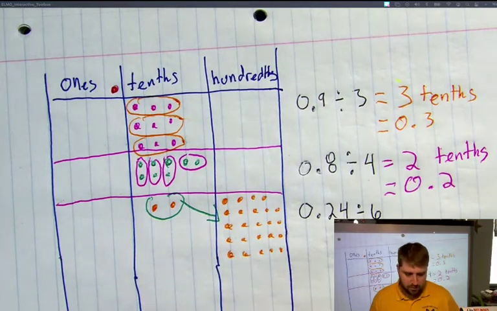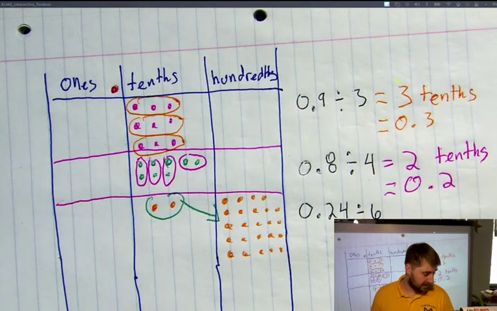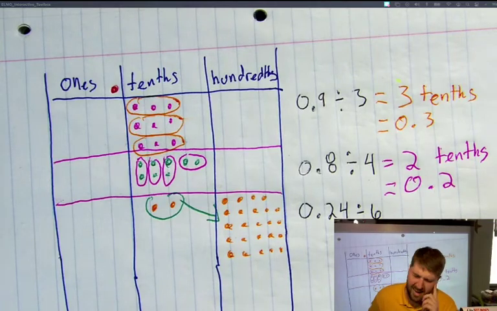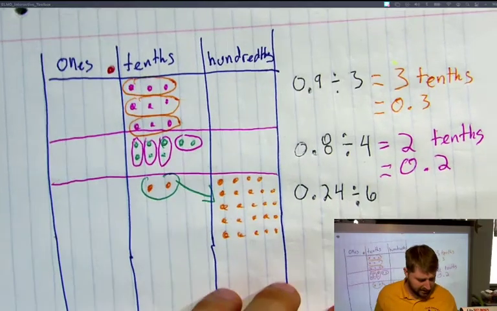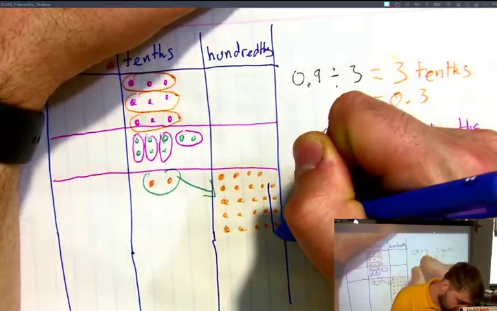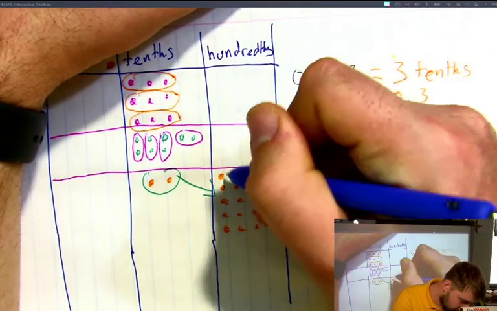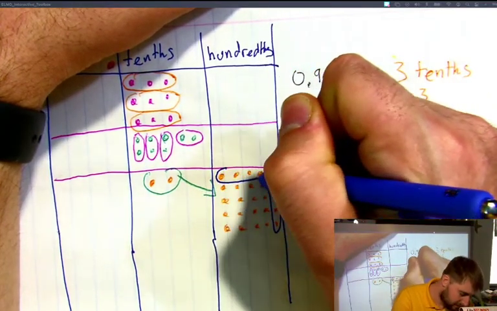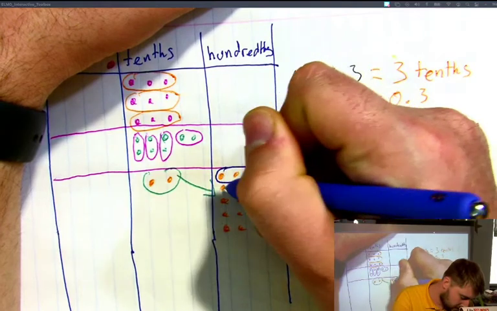Now we need to divide those 24 into 6 equal groups. As you think about how many would go into each group, it might help you to think, okay, 24 divided by 6 is what? I need 6 groups. Okay, I'm going to put 4 in each group because I know 4 times 6 is 24. So if I need 6 groups, I must need 4 in each group.